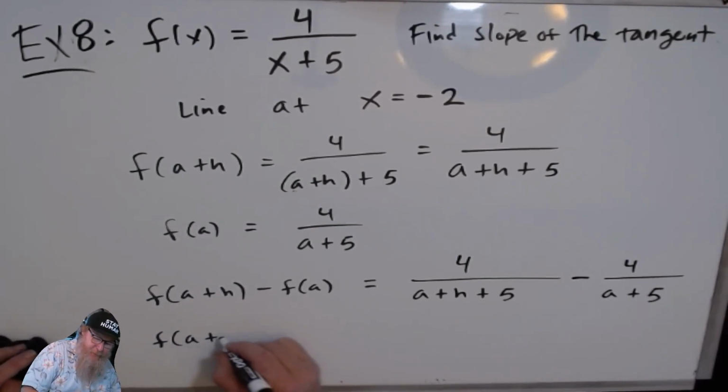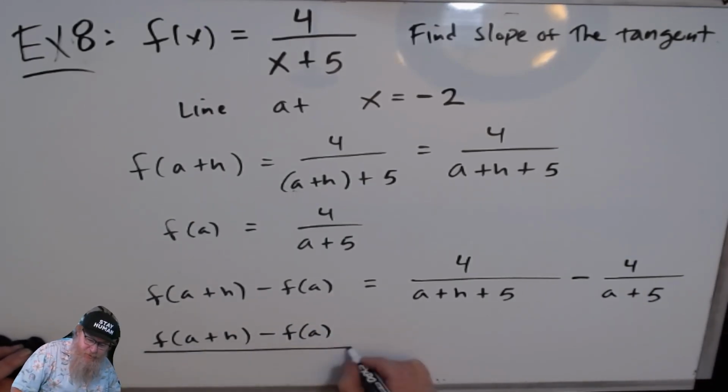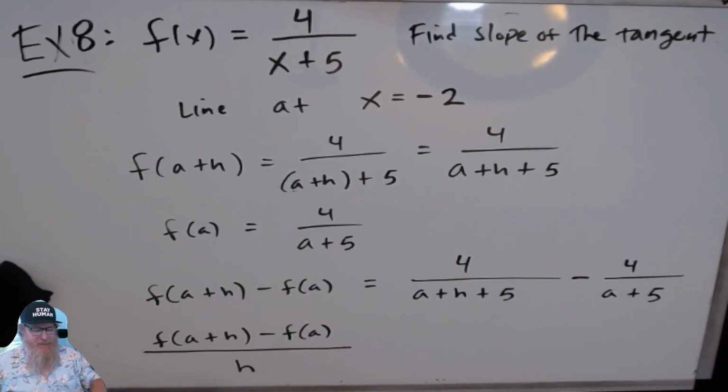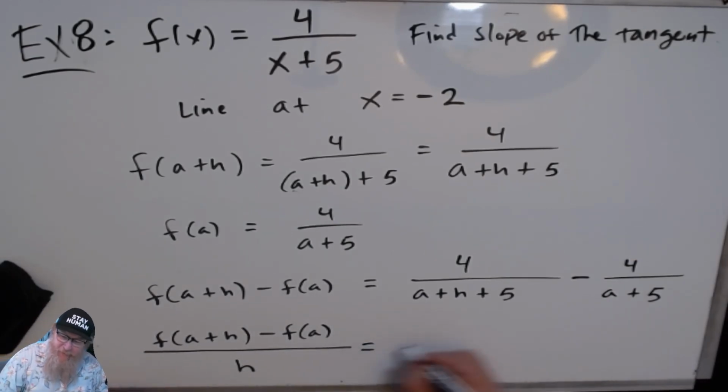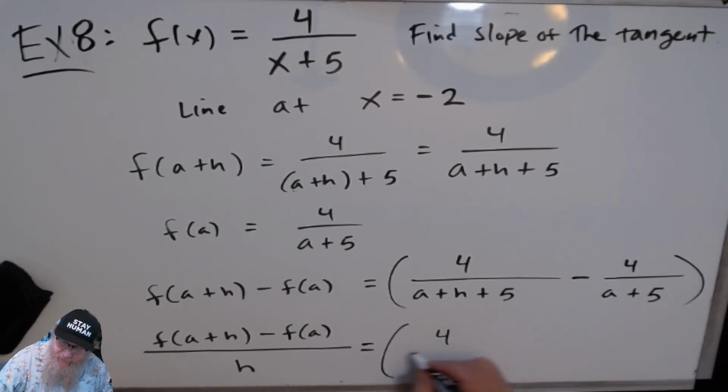Now in this particular example, I use 2 different forms of division. For the formula for the slope, I just used a fraction version, divided by h. But over in this version, I like to go old school with it.